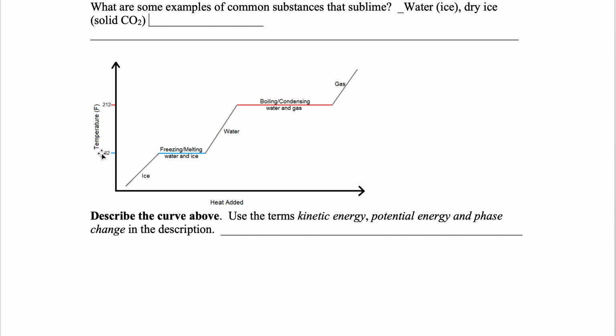So there you go. Temperature, kinetic energy on this axis they're one and the same. So temperature and kinetic energy are increasing. And at that point, there is a flat spot in the curve where temperature remains a constant, although heat is still being added.